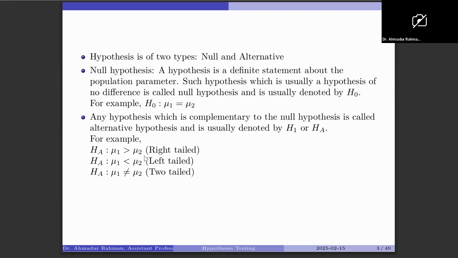That's why this is left tail. And in another one, we are saying that we are not sure which of the two medicines is performing better. When we are not sure, then we say mu1 is not equal to mu2, and this is a two-tail test. Okay. So there are one-tailed tests and a two-tailed test.